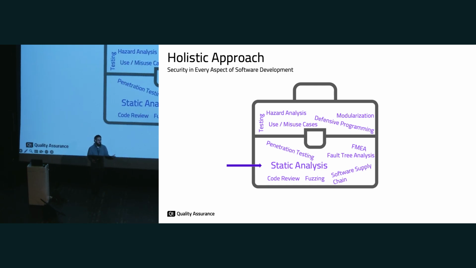And I'm pretty sure I have a nice suitcase of techniques with me, and everybody's using at least some of them. Of course, for me, the biggest one in there being static analysis, not trying to talk down the others, but that's what we are doing, that's what we are offering. So how could static analysis help you with ensuring the security of your systems?